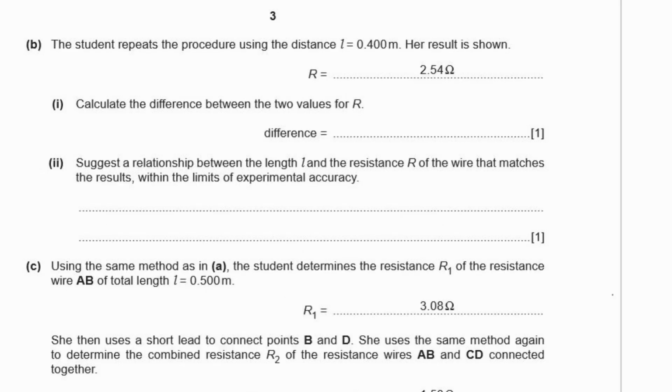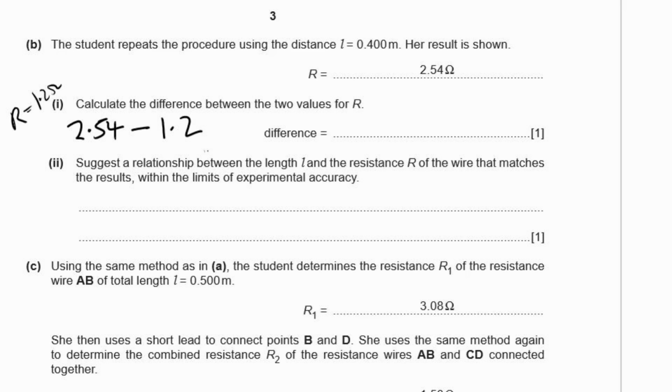B. The student repeats the procedure using the distance L equals 0.4 meters. Her result is R equals 2.54 ohms. Calculate the difference between the two values for the resistance R. In the previous question, we calculated R equals 1.2 ohms. This is a problem because I can't really do 2.54 minus 1.2, because a calculator will interpret that as 1.20.